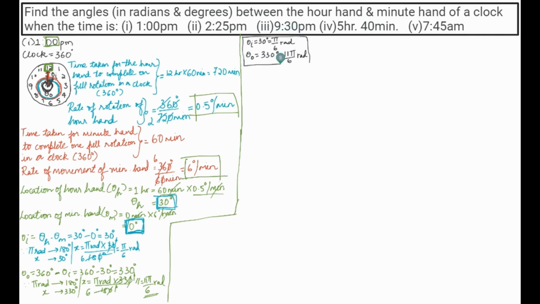And the next time given here is 2:25 p.m. So we have already found out the rate of movement of our hour hand and the rate of movement of our minute hand.